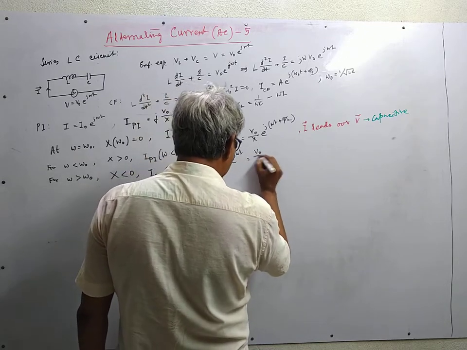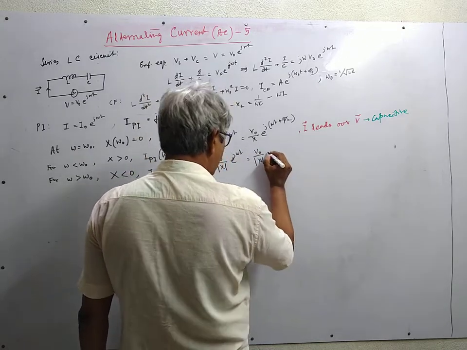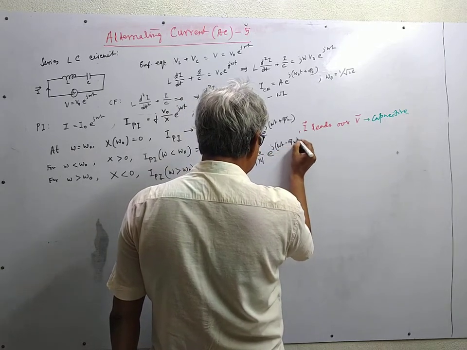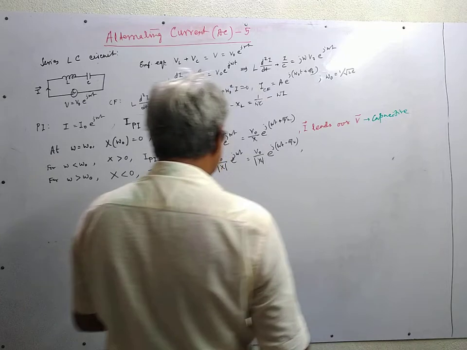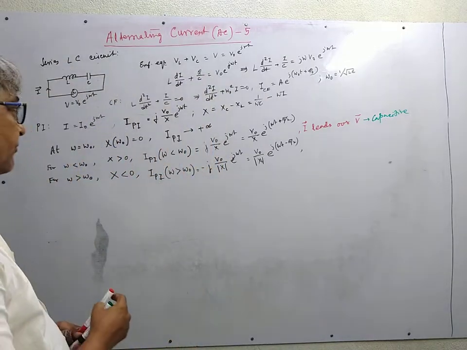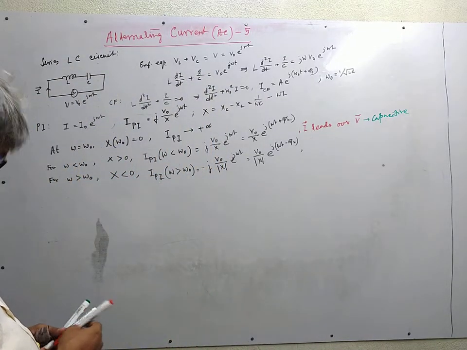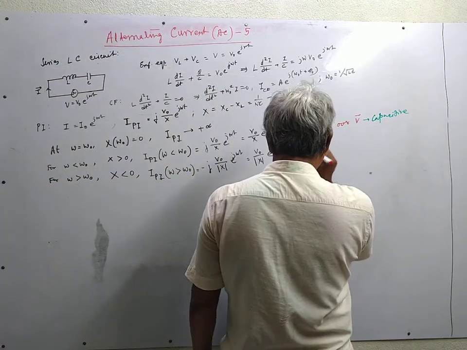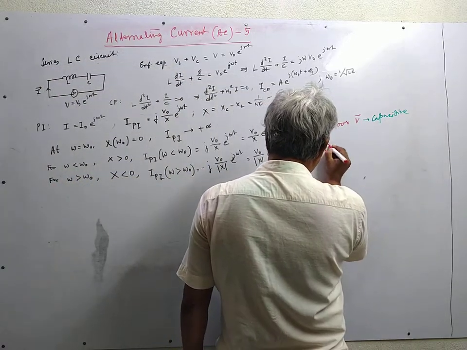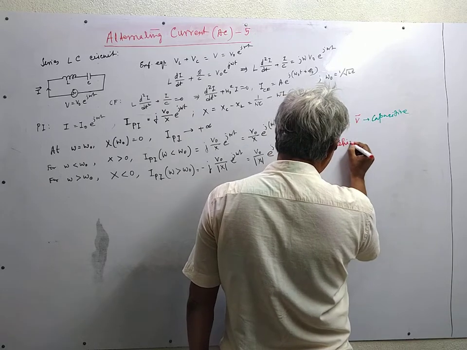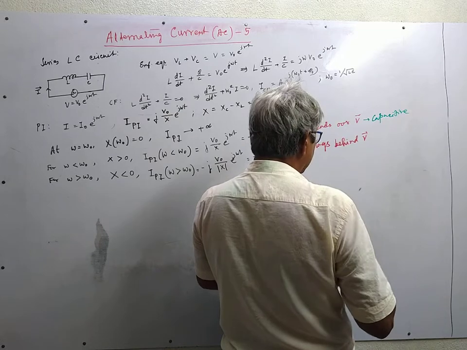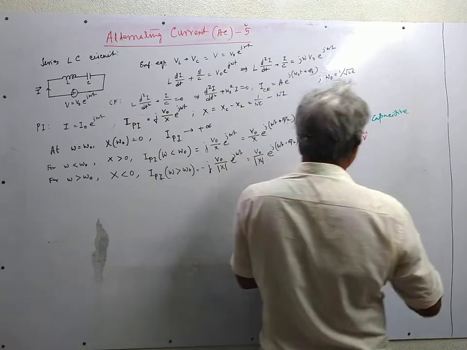This is V0 by mod X e to the power j omega t minus pi by 2. So we see that I lags behind V. The circuit as a whole is inductive.